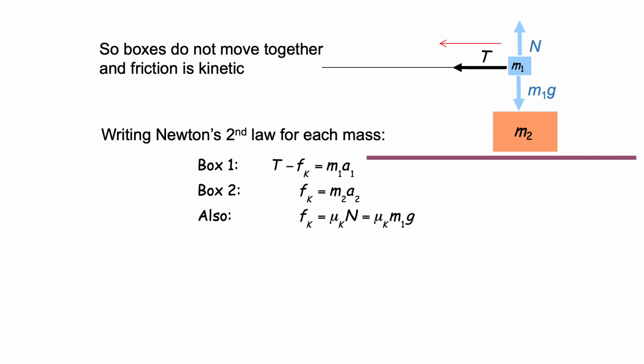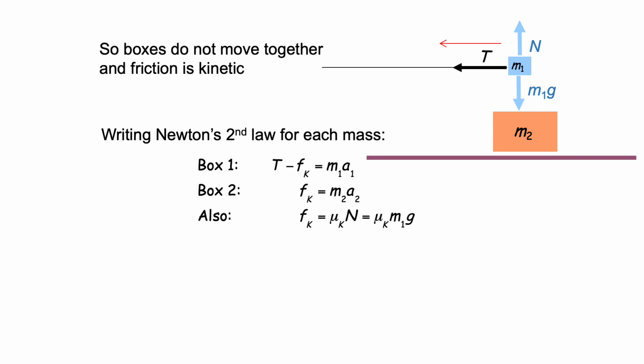Notice that this time the two blocks are actually accelerating at different rates. Box 2 only sees one force. It sees the Newtonian pair, the corresponding friction force to the left, and that net force is equal to the mass of block 2 times its acceleration, which is now different from the acceleration of block 1.